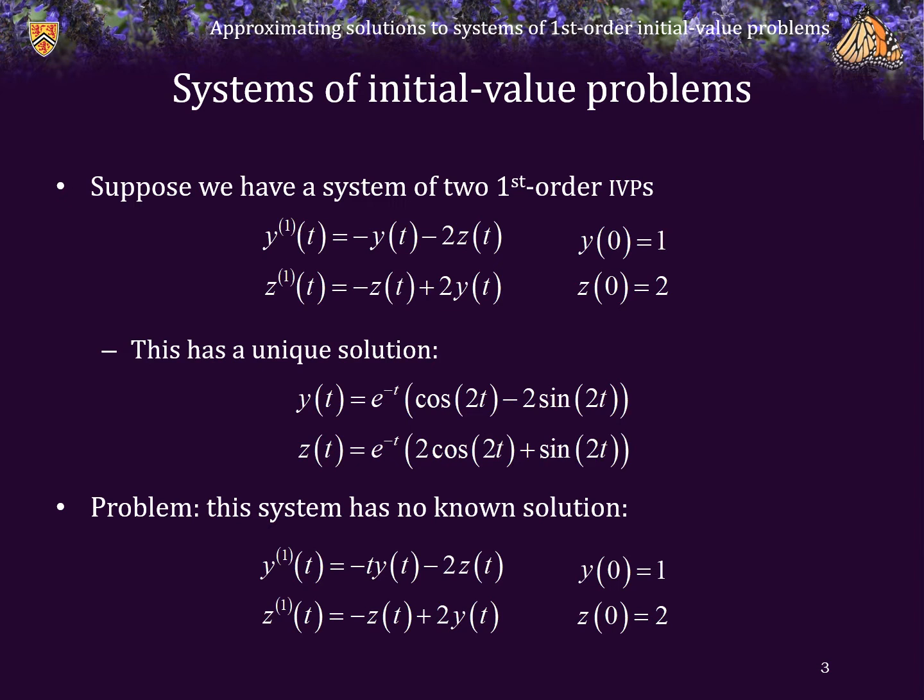It has a solution, but we cannot write it down in a closed form as we did for the above problem. So the only way we can determine or estimate what the solution is is to approximate this solution numerically.